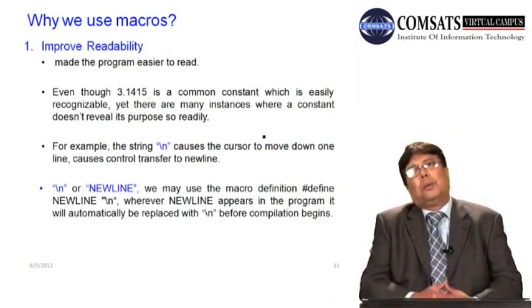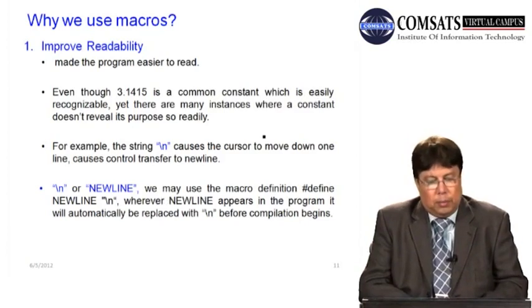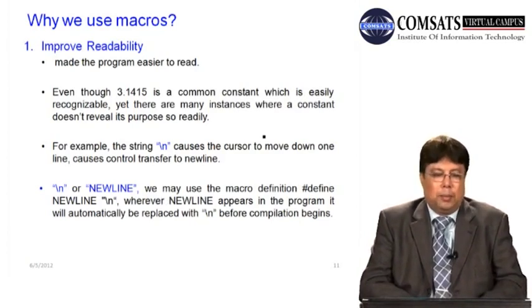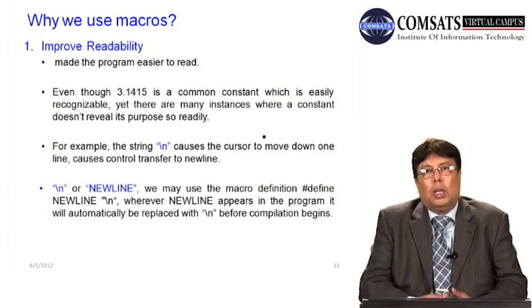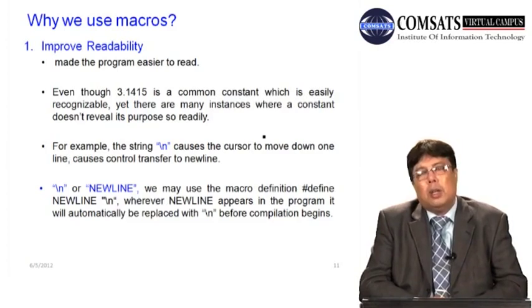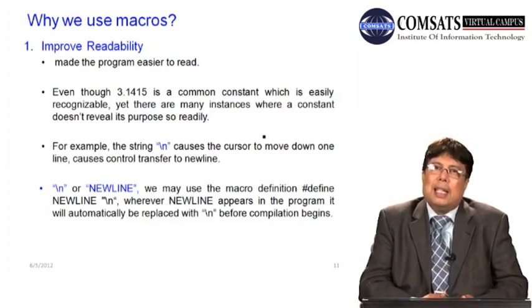Why do we use macros? That could be a very important question. The answers are, number one, it improves the readability, making it easier to read. Although 3.1415 is a very commonly used constant and most of the people know that it is related with pi, there are a number of other examples where the constant does not make any sense.